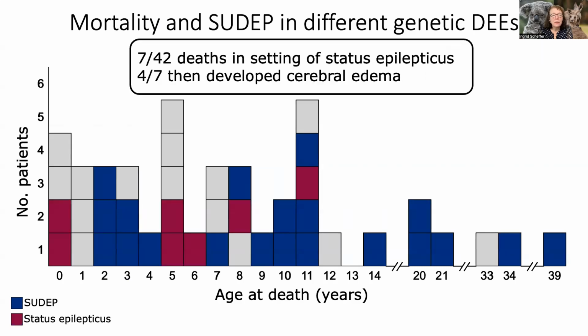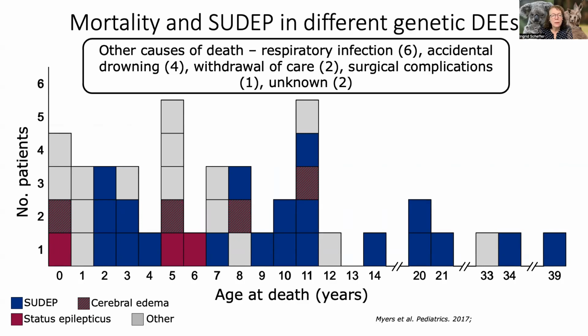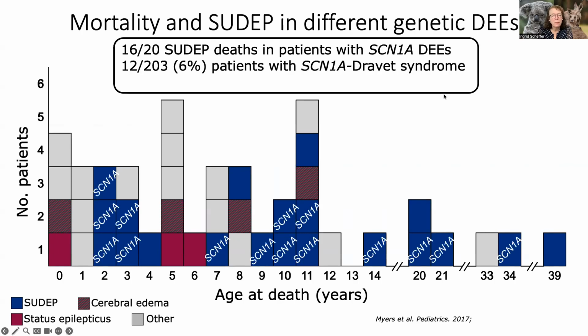And you can see that some of the deaths occurred due to convulsive status epilepticus, and in some of those individuals then developed cerebral edema and died. Other causes of death were drowning, withdrawal of care, and respiratory infection in 6, which we know is always a bigger risk in this type of disorder.